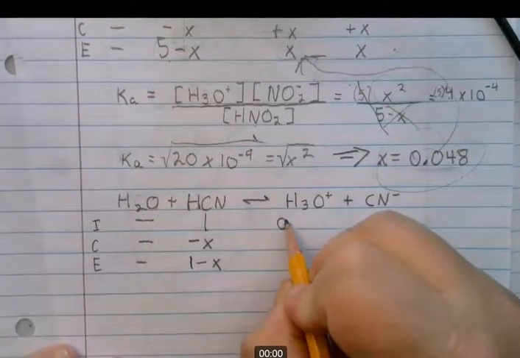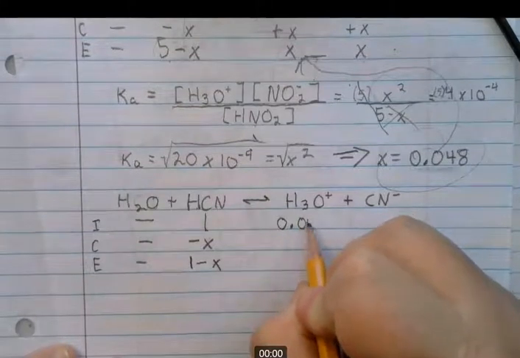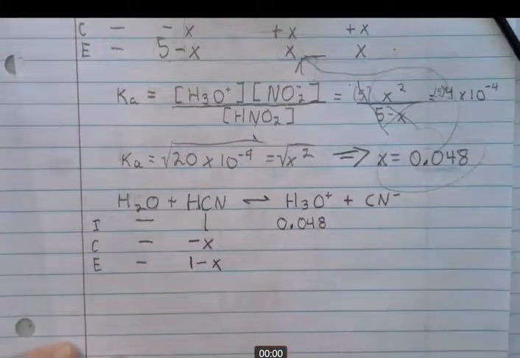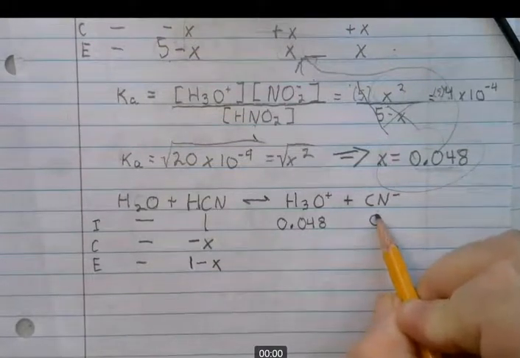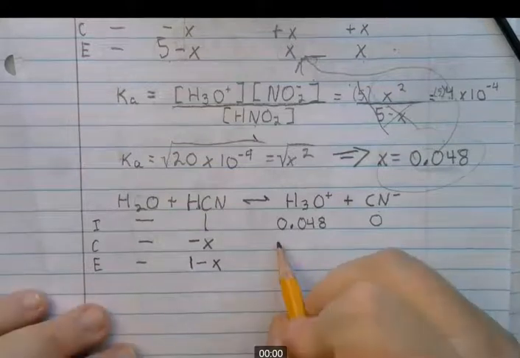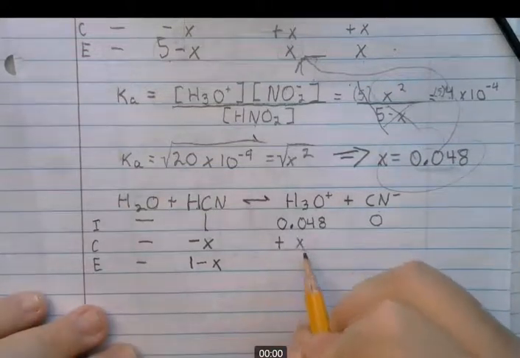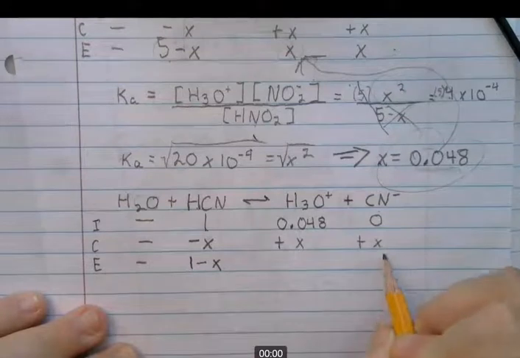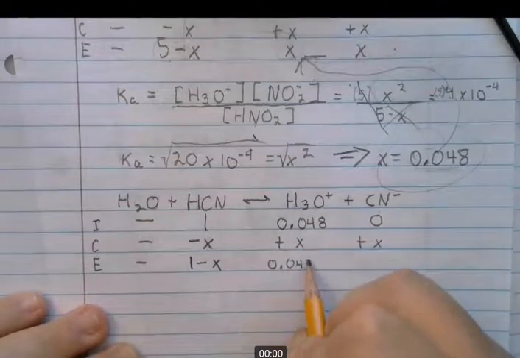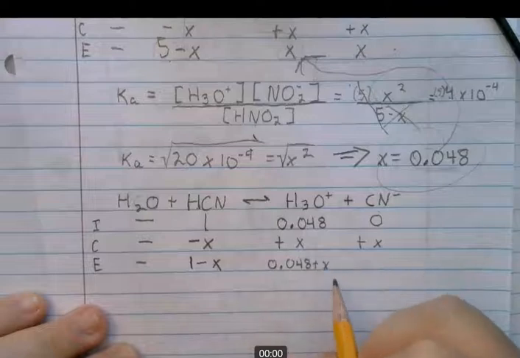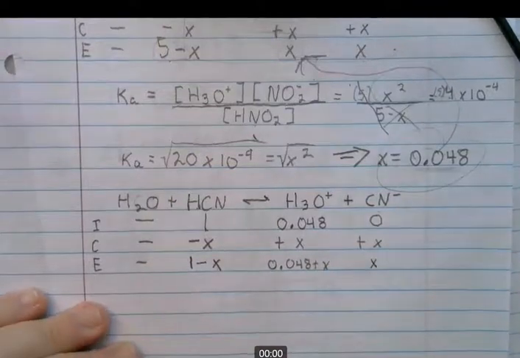So we're going to put 0.048 as our initial concentration for hydronium. We don't have any CN in the solution, so that is a 0. And now this is going to be plus X, and this is going to be 0.048 plus X, and then X here.